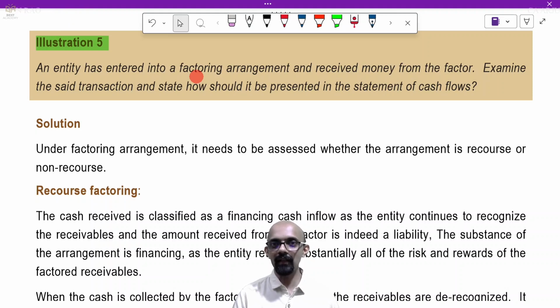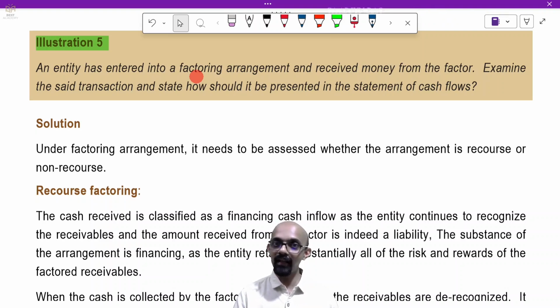So I am giving you the money now. On maturity you have to pay me back. Either the debtor pays me back, or if he doesn't pay, you pay me back. So from your point of view, you are just receiving money in advance from me. So that is financing. But if it is without recourse, that is if the debtor doesn't pay me and I cannot come back to you, that means essentially you are selling that asset to me, right?